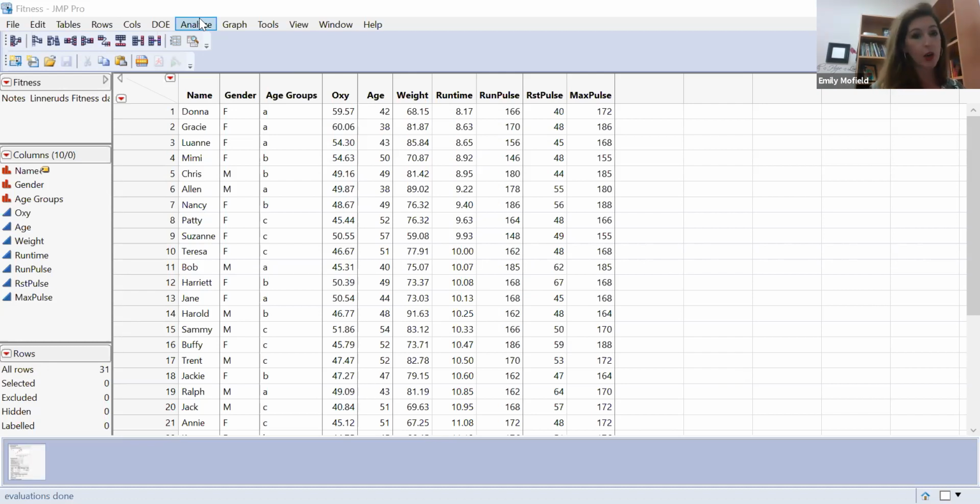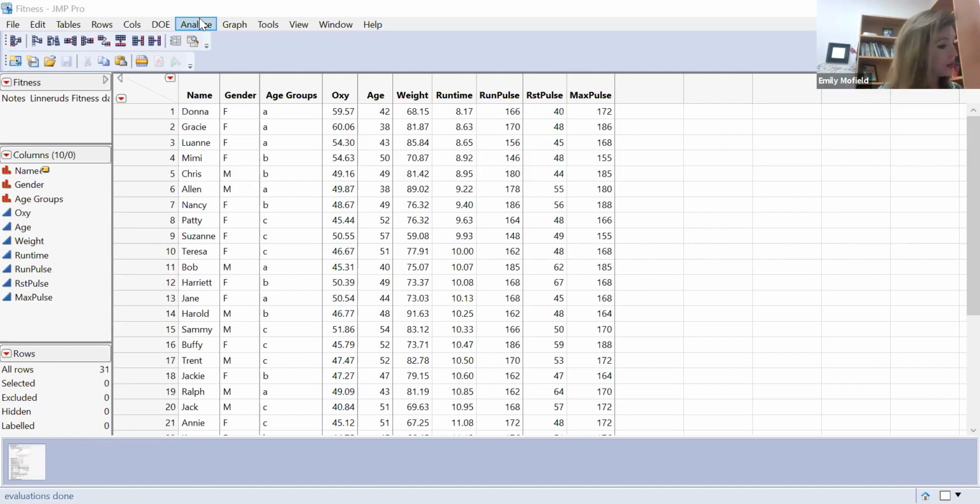So my null hypothesis would be there is no statistically significant predictive relationship between a combined group of independent variables and oxygen.